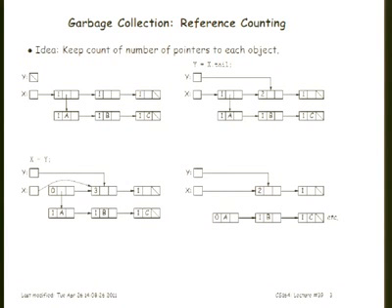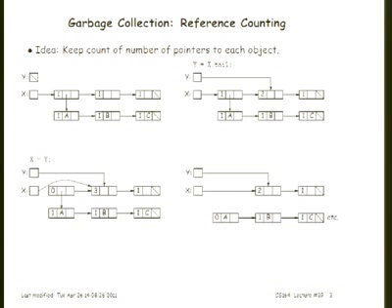If I now set y to x's tail, then that means that the second list object on the top now has two things pointing to it. So how would you do that?